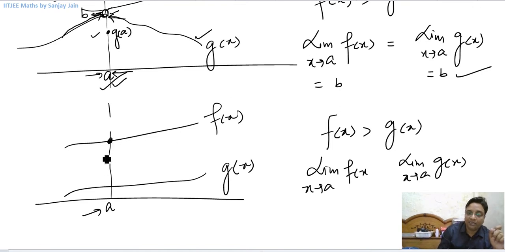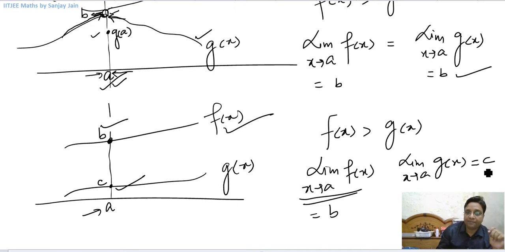At this point, let's name it b, and let's name this one c. So the graph of f of x approaches b, and the graph of g of x approaches c at x equal to a. So the limit as x tends to a of f of x is b, and this is c, right?